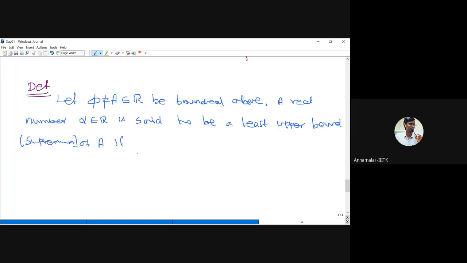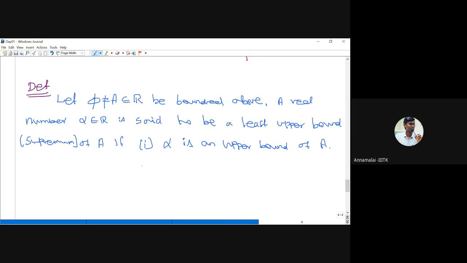So the first condition is alpha is an upper bound of A. That is the first condition we have to check.